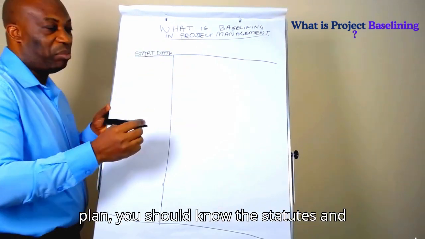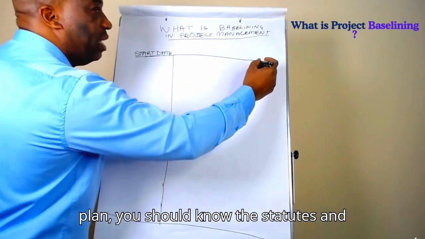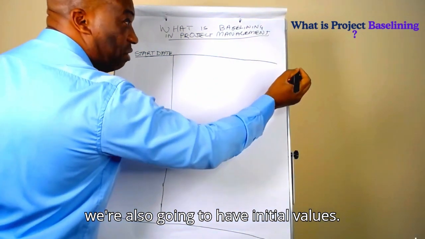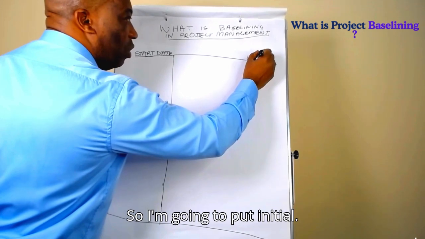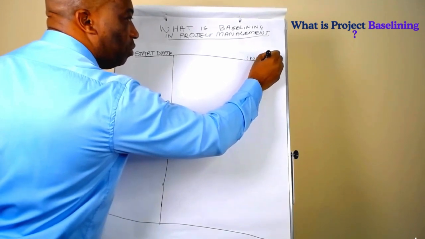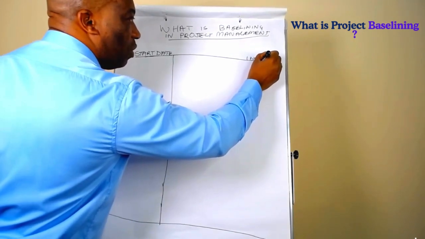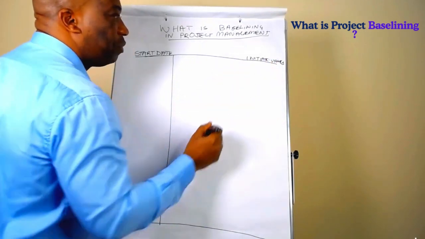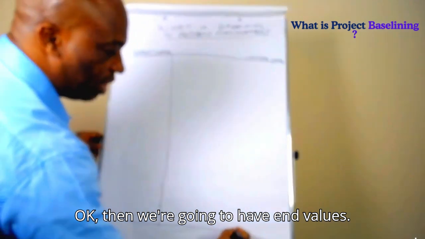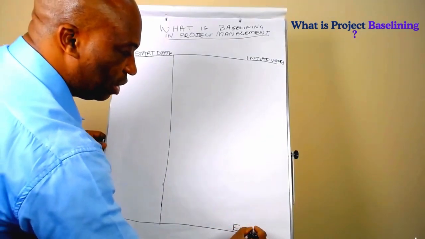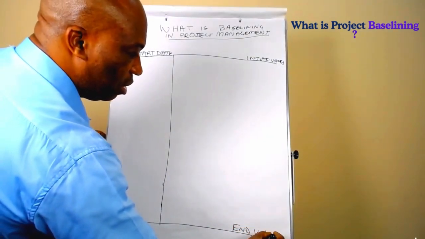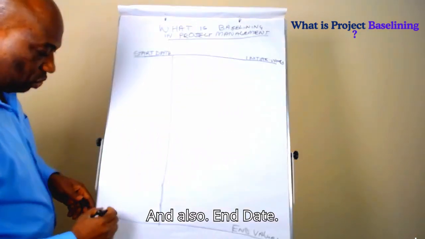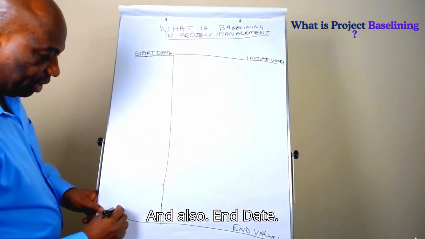When you're baselining a plan, you should know the start date. We are also going to have initial values, then end values and also end dates.